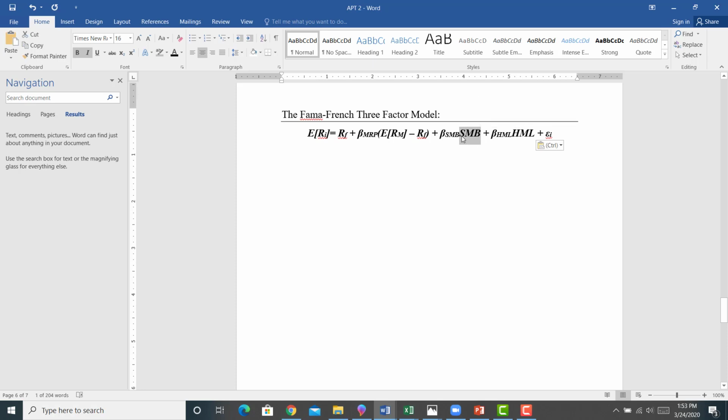This stands for small minus big, or small cap stocks minus large cap stocks. I'll explain exactly how this factor is estimated. And the second additional factor is called HML. This is high minus low, or high book to market ratios minus low book to market ratios. Let me explain what this is.